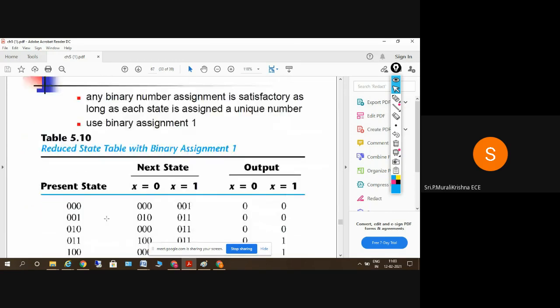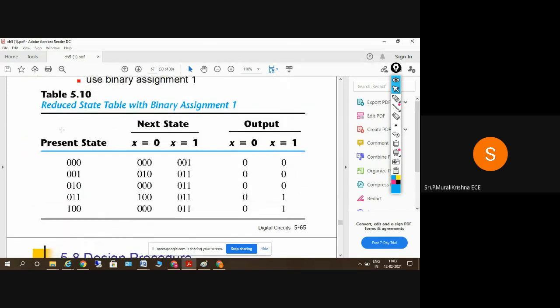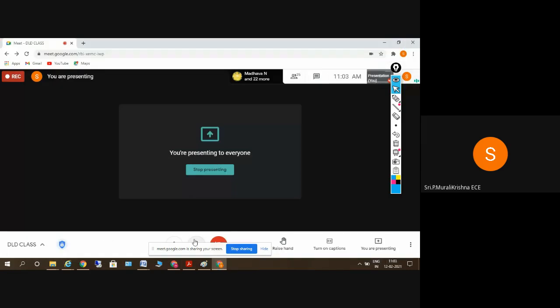What we can do here is, in the earlier reduced state table we have A, B, C, D, E, so instead of those we are substituting the values: A is equal to 000, B is 001, C is 010, D is 011, and E is 100. Okay, clear? Yes, sir.